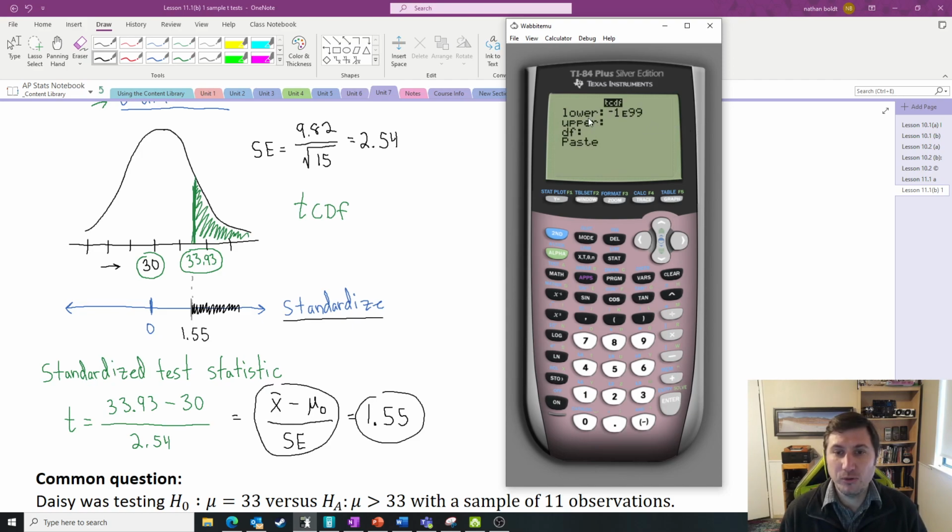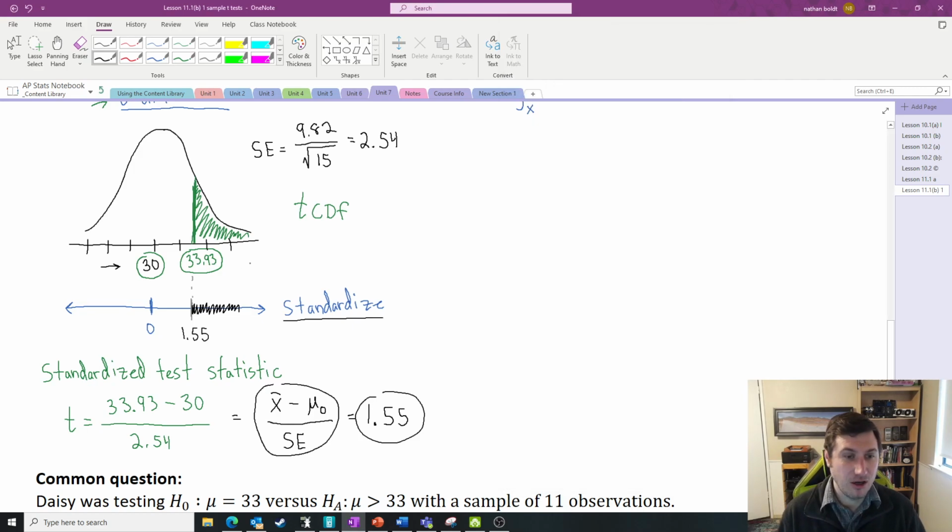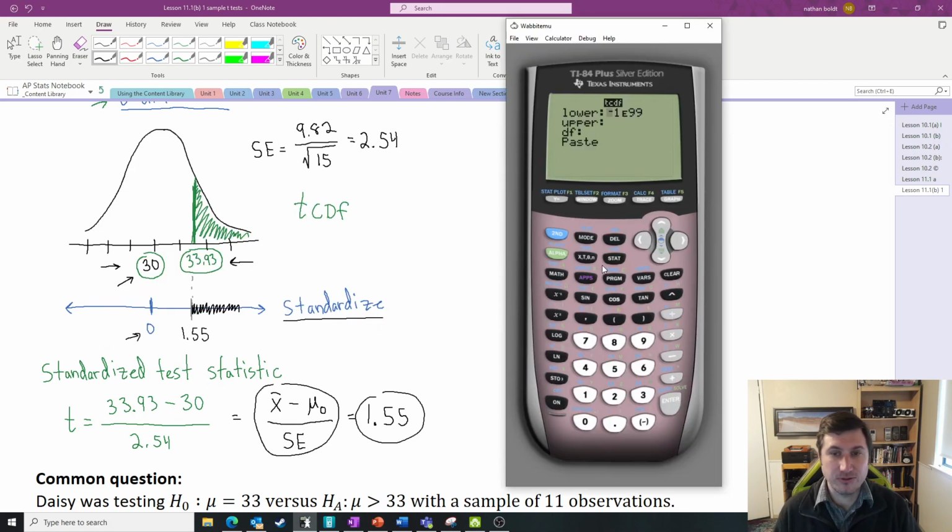So we have the lower, the upper, and the degrees of freedom. You see it does not let us type in our own mean of 30. It doesn't let us change what the t distribution is like we can for a normal. The default is just always going to be 0.